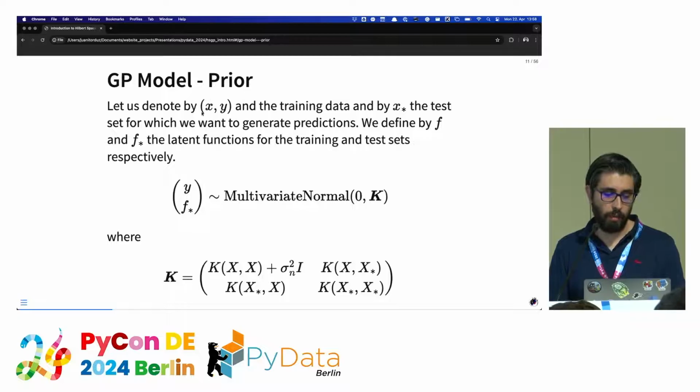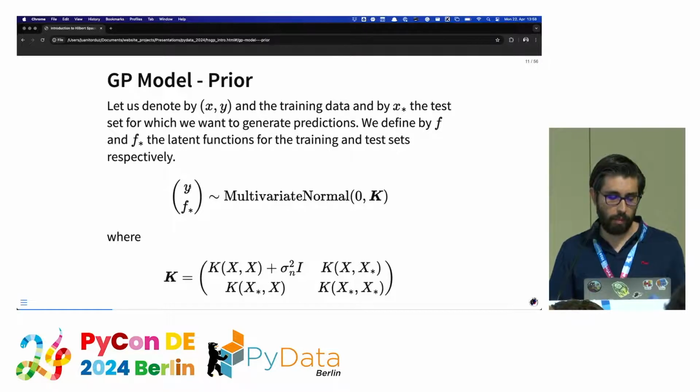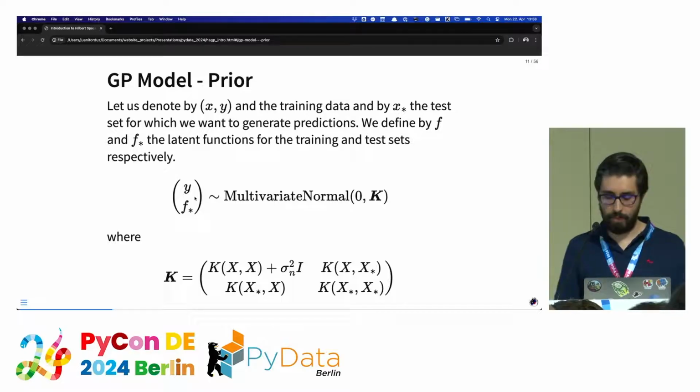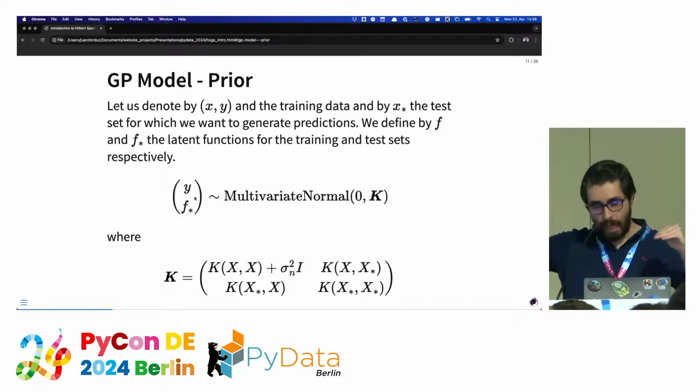So I denote X and Y the training data set, and by X star the test set. I would like to know what Y star is. I don't know that. But the way the Gaussian process works is that you assume that the observations Y and the latent Gaussian process F come from a multi-normal distribution, because you have this line that fits the data, but also you have the noise.